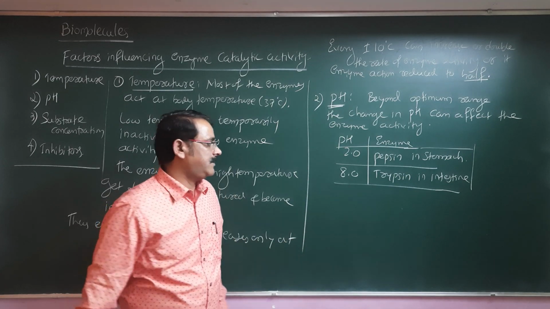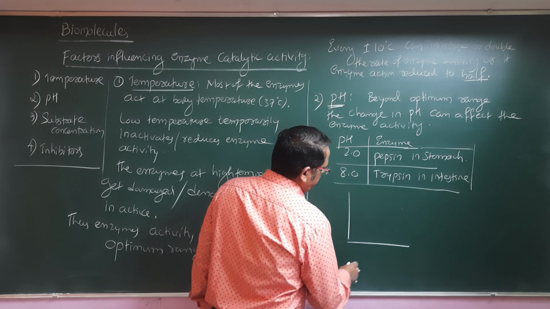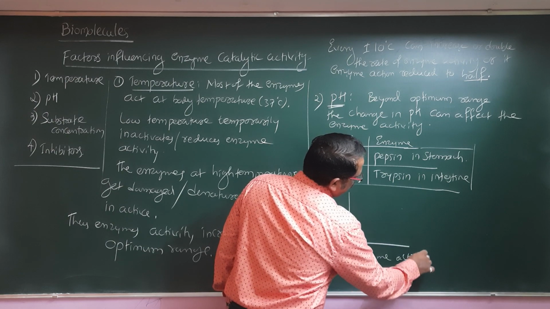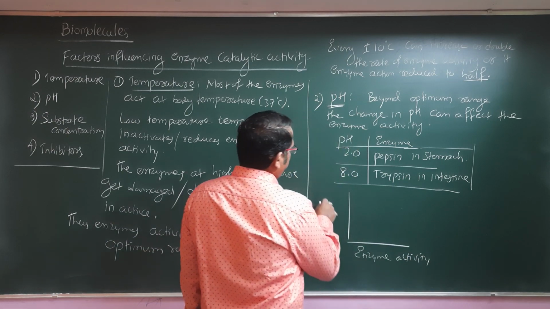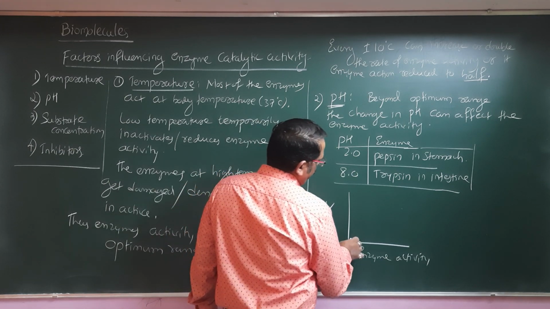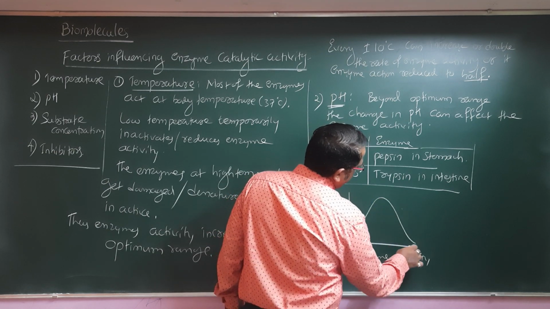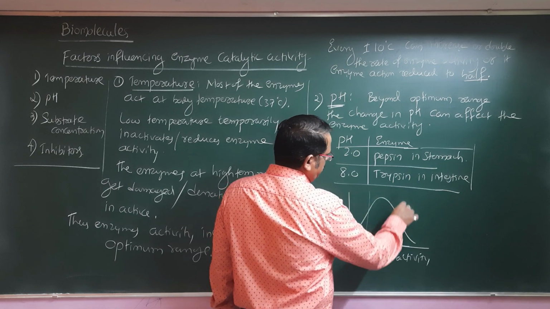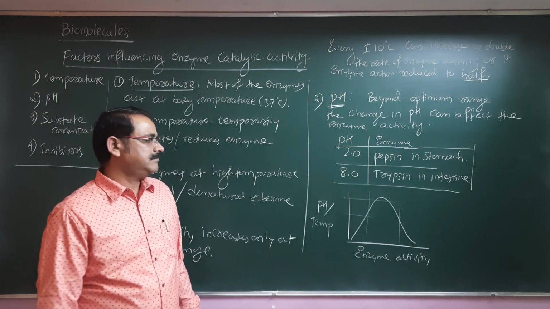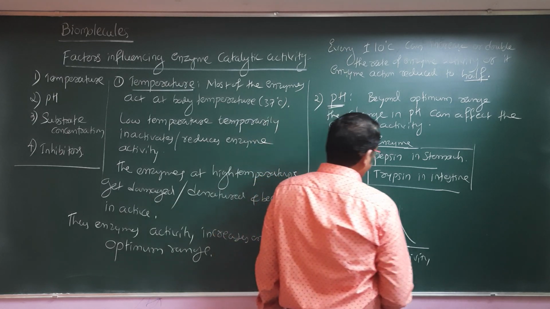So thus there is a different range of temperature as well as pH which favors their activity. Mainly the enzyme activity, and it may be the pH or the temperature. Enzyme catalytic activity increases and again starts declining. So this is the optimum range of pH or temperature that favors the increase in enzyme activity.